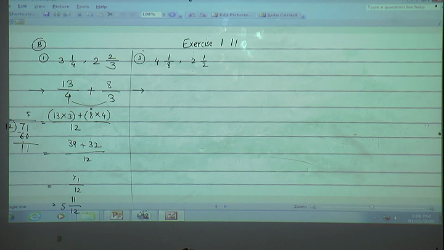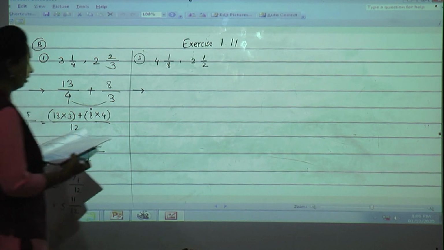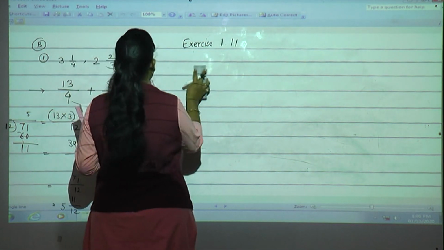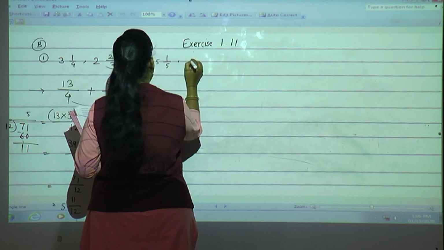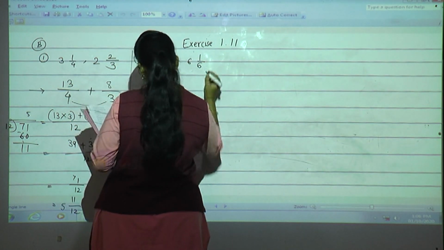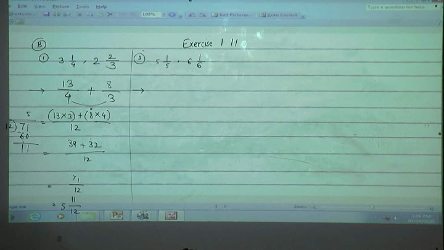Correct. Sorry, I have written the second question here instead of the third question. Once again I will write here 5 1 upon 5 comma 6 1 upon 6. Yes.